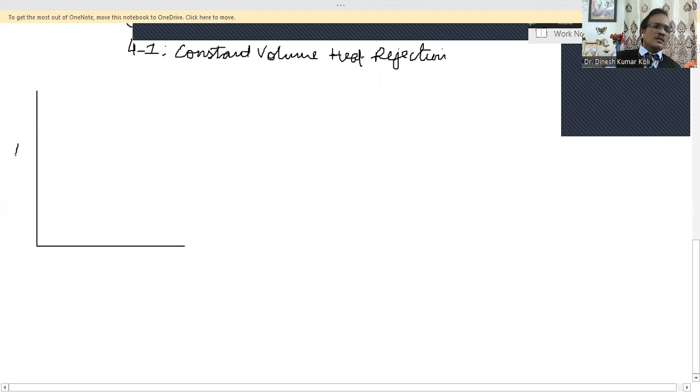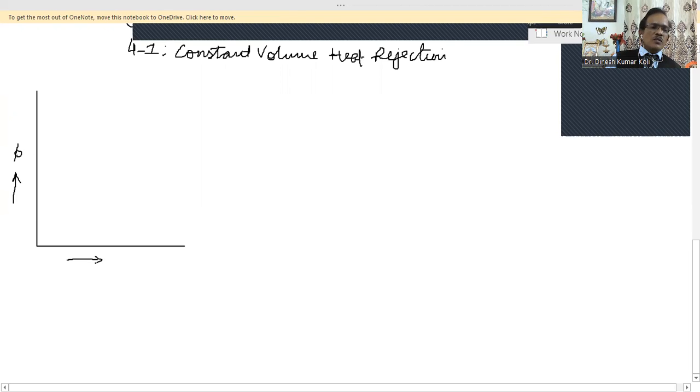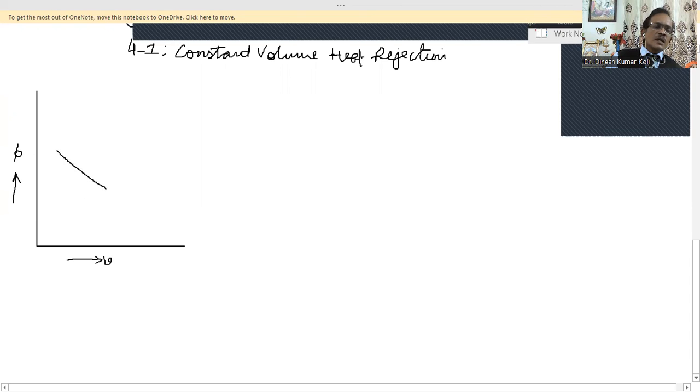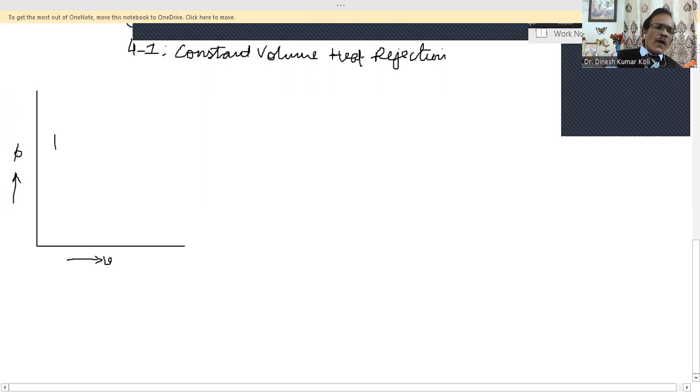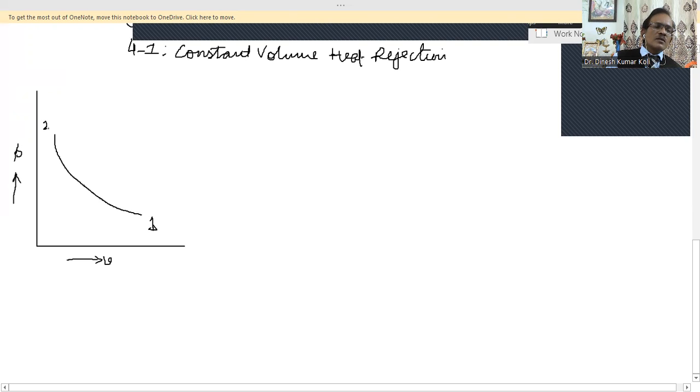On the vertical axis we show the pressure P, and on the horizontal axis we show the volume V. The first process is isentropic compression, which we represent as 1 to 2. This is the isentropic compression of the atmospheric air.